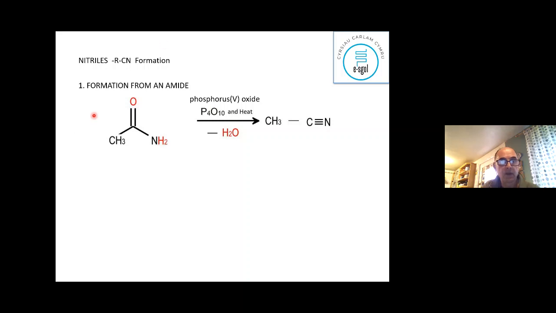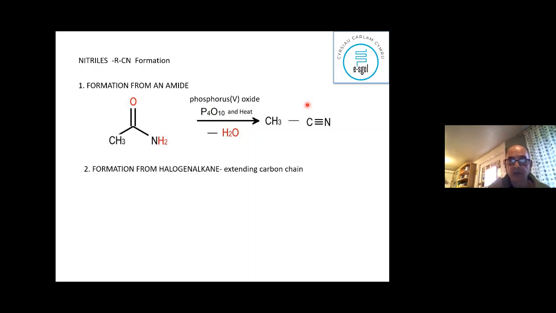Nitriles, with the CN group. Formation from an amide, sorry, that should be formation from an amide: you heat it with phosphorus oxide, which you have to learn, removing H2O, removing water, and you form the nitrile group, ethanenitrile in this case.